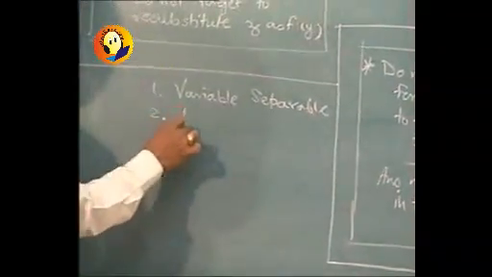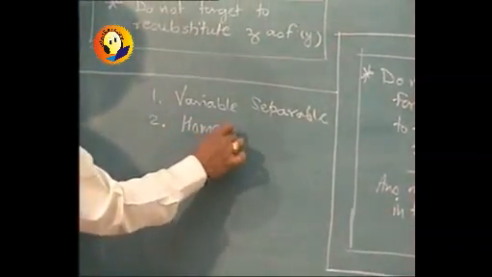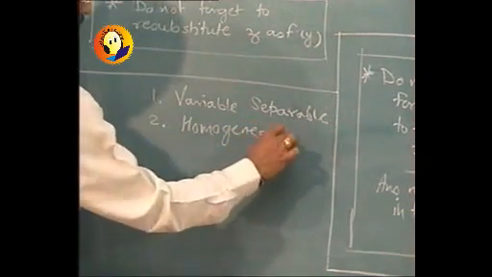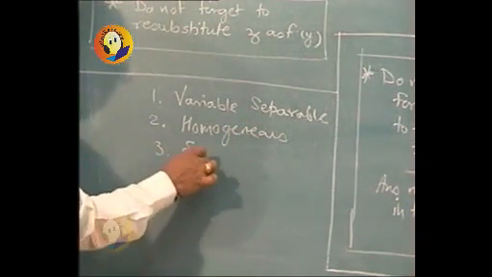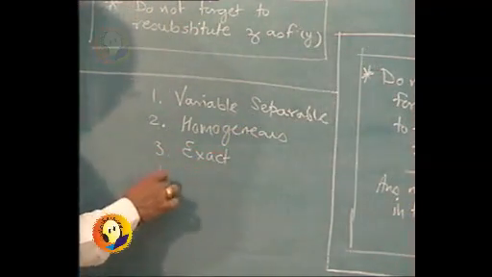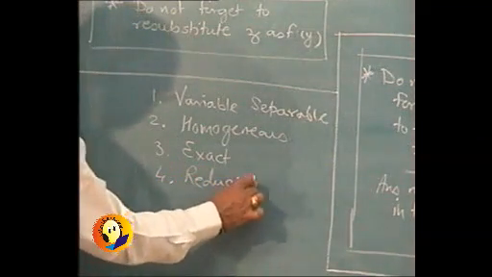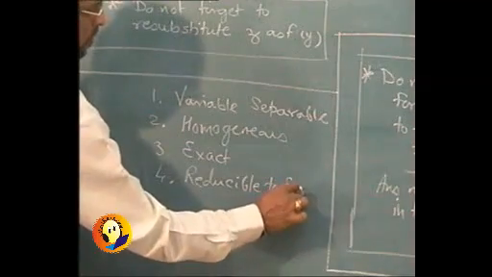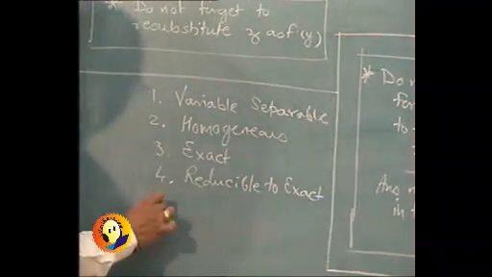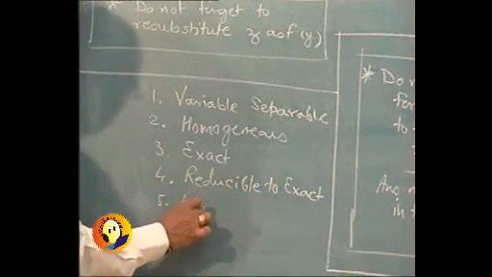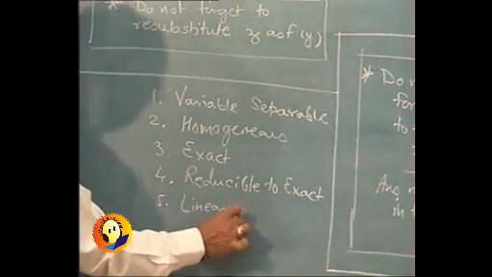Second was homogeneous. Third was exact. Fourth was reducible to exact. And now we have studied the fifth one, called linear differential equations.